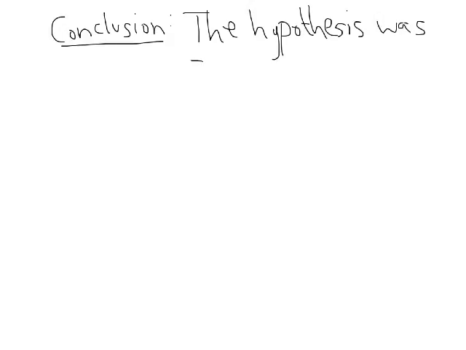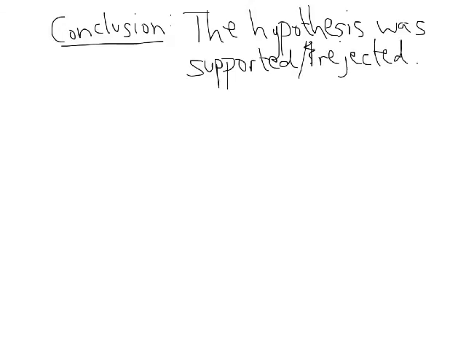So you will either choose one of those two words. The words that you don't want will be crossed out. I've misspelt rejected, we'll just cross that bit off and change it to rejected. So if it was supported, then you will go and remove the rejected, get rid of that. And if it was rejected, you'll get rid of the supported. But that's what we expect to see at the end.